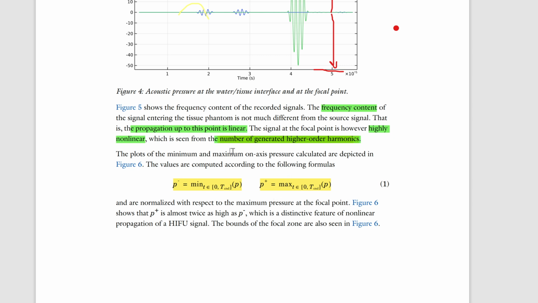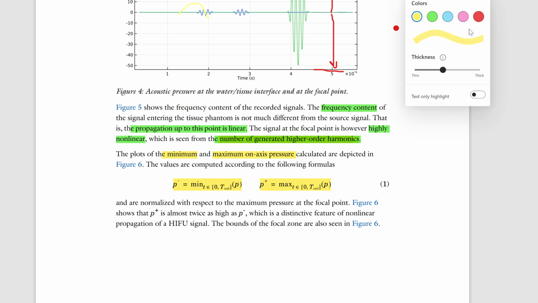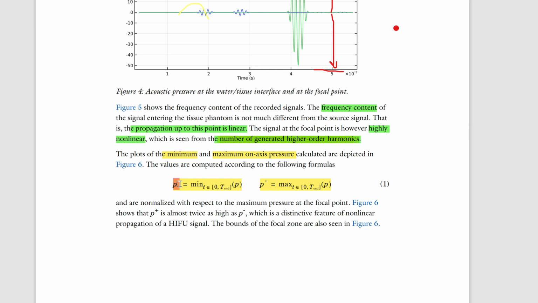So minimum and maximum on-axis pressures. Well, let's change this to pink. Minimum on-axis pressure equal to the minimum of this. Maximum, okay, we've got this.